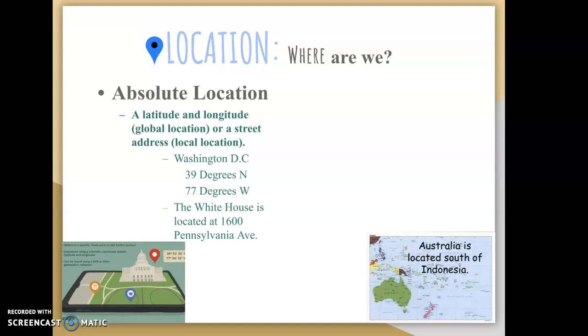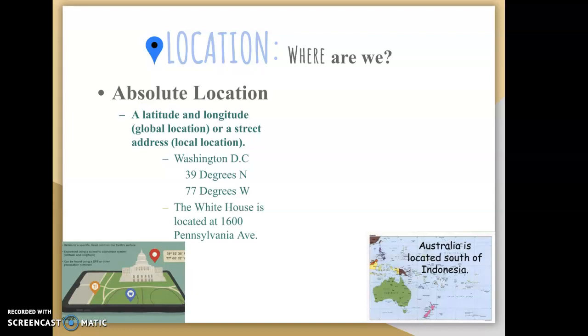So for Washington, D.C., an absolute location could be 39 degrees north and 77 degrees west. That's that latitude and longitude. But absolute location can also be that the White House is located at 1600 Pennsylvania Avenue. So there are 2 ways you can do absolute location, but the point is that if you were to drop a pin on the map, that would be the absolute location.